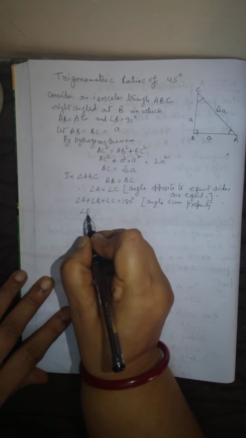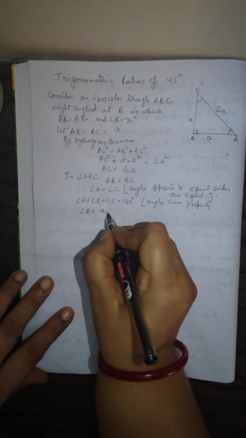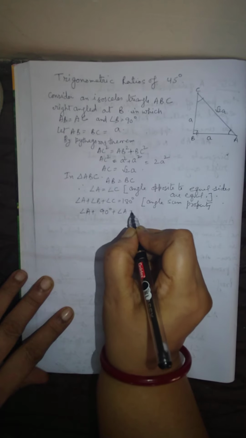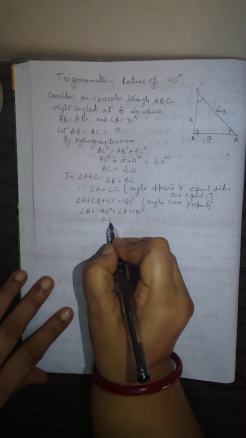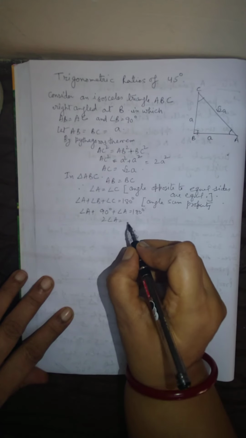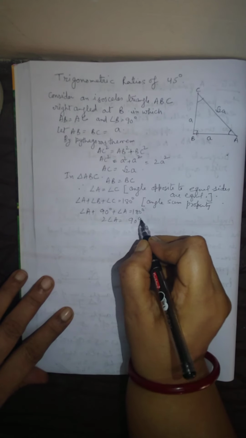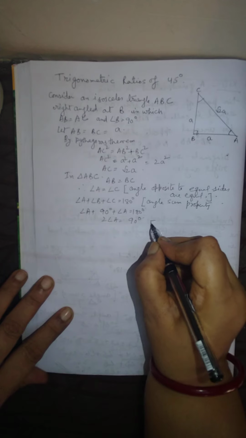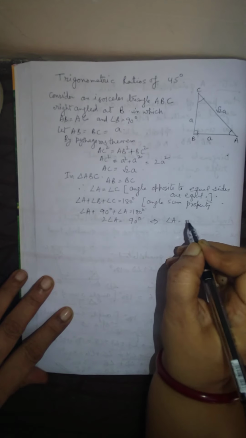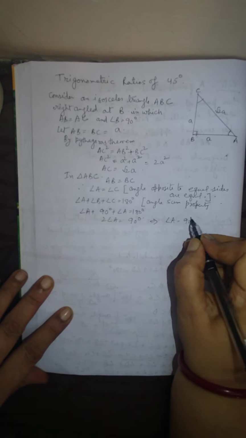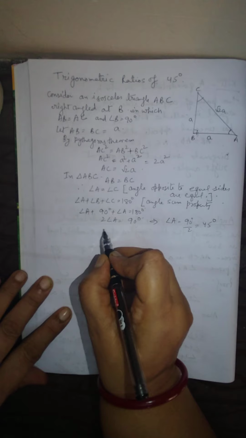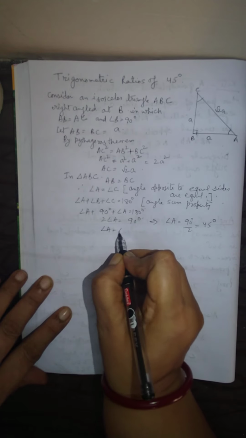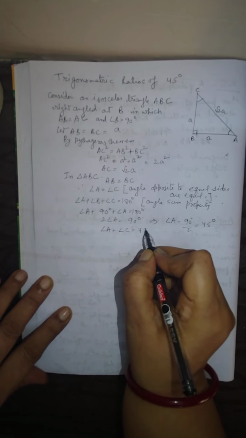Therefore, angle A plus 90 degree plus angle A equals 180 degree, or twice angle A equals 90 degree, which implies angle A equals 90 degree by 2, that is 45 degree. So angle A equals angle C equals 45 degree.